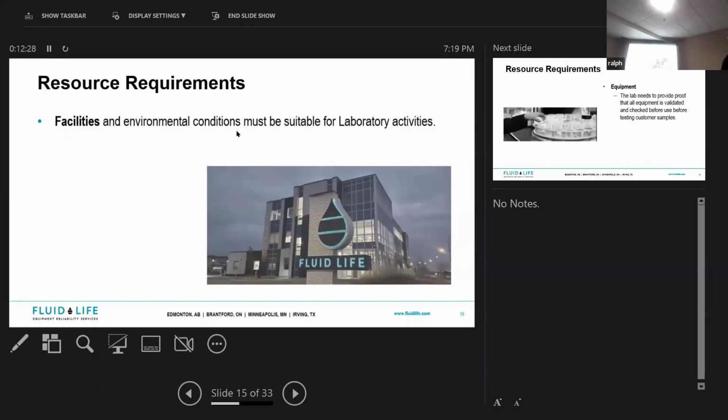Facilities. I don't know if any of you have been to our building, but you do have to have an appropriate facility, and incompatible testing should not be mixed, depending on what you're doing. In our industry, we don't really have a lot of that, but some labs might be doing microbiology and, let's say, tribology.